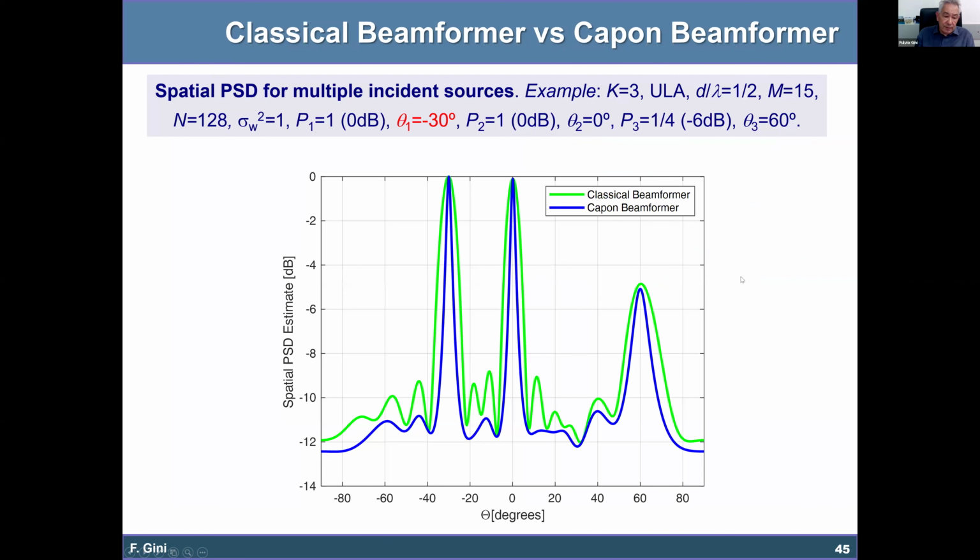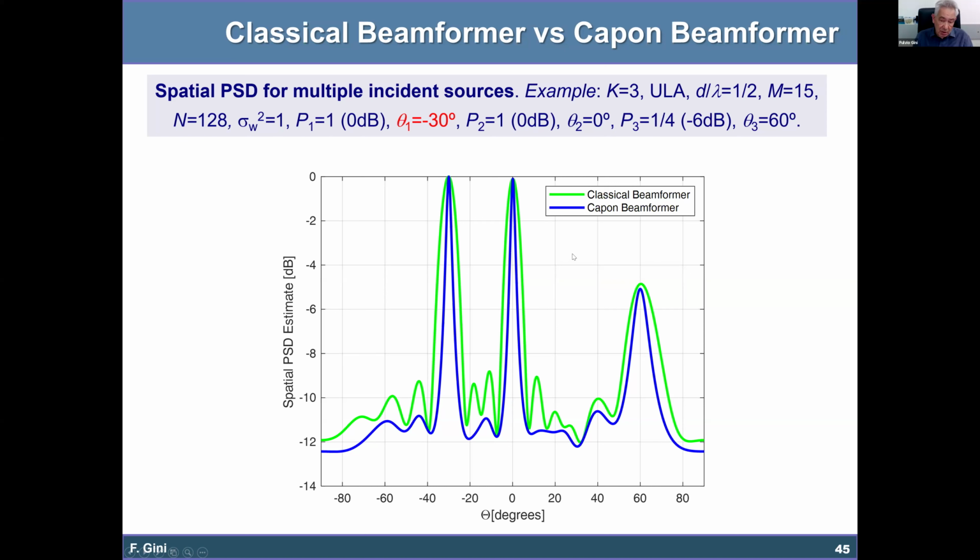So if you derive the spatial power spectral density estimate by using Capon and the classical beamformer, this is what you get. What can you get out of this picture? You can see that the peaks of the Capon beamformer are much narrower than the peaks of the classical beamformer.